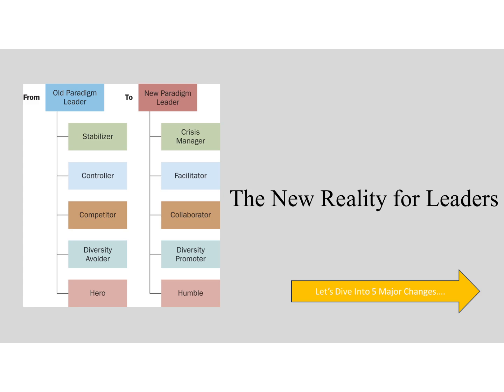Controller: to make sure that things ran well, you were the ultimate, the buck stops here, you're the leader, you control what's going on. Competitor: you were competing with others in the marketplace, you were competing with other leaders perhaps for promotions, for jobs, and it was a very competitive situation.